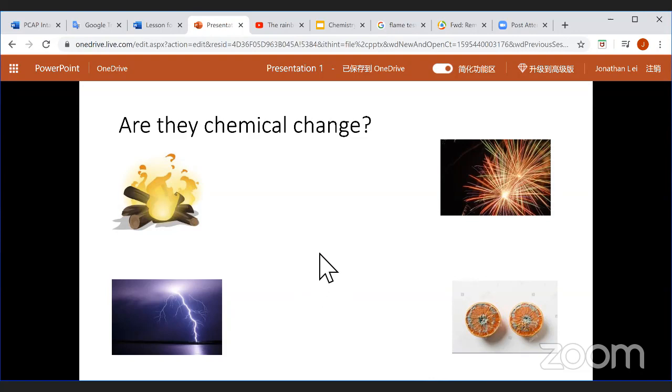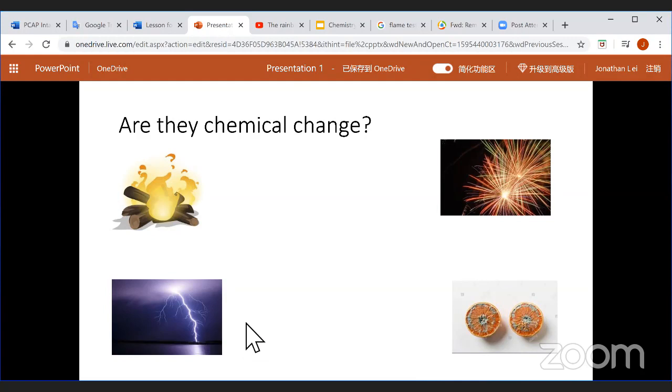Heat is energy. Doesn't it produce lightning? So yeah, but it's just energy. It's not substance. So basically, lightning is physical change because there's no new substance. Even though it produces light or heat, light and heat are not substances. They're energy. Okay. Did you get it?